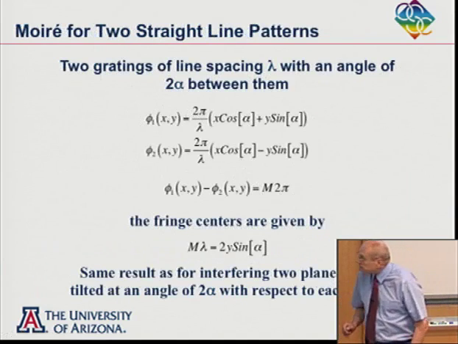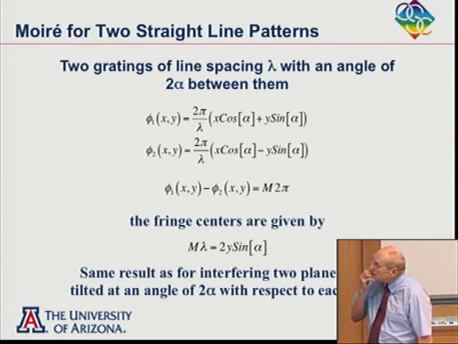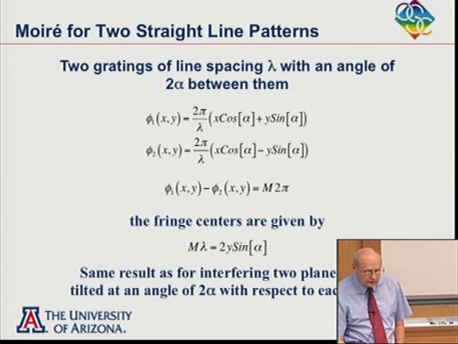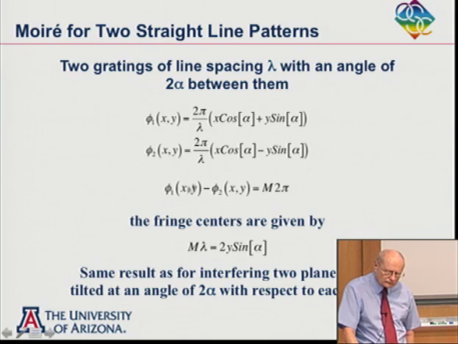Let's say we have straight lines for the first thing here. And let's say we have two gratings, straight lines, where the line spacing for the two gratings will be the same. We'll call it lambda. It has an angle of 2 alpha between them.